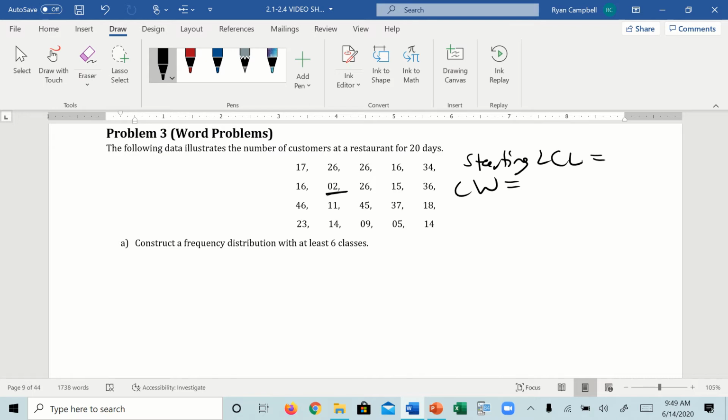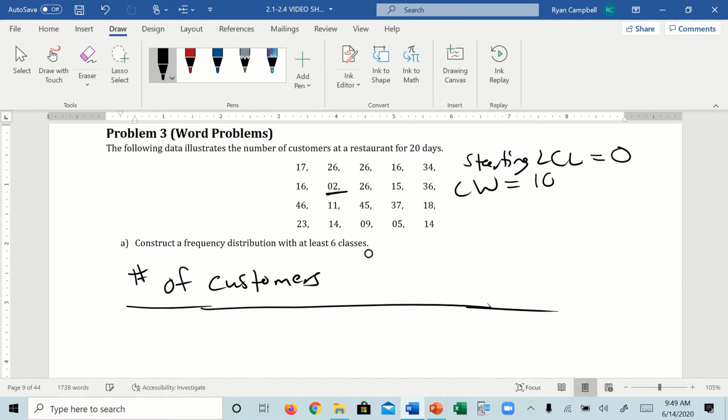So we could start with 2. We could also start something smaller than 2. So I think 0 is probably the easier one to start with. And so 10 is always a good number, right? So let's do 10. So we got number of customers and frequency.